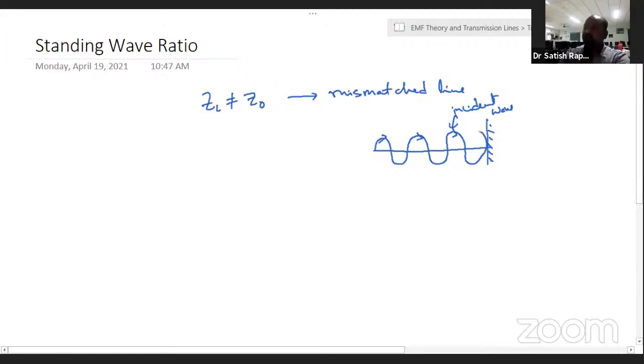The wave will reflect back, and this is the reflected wave.